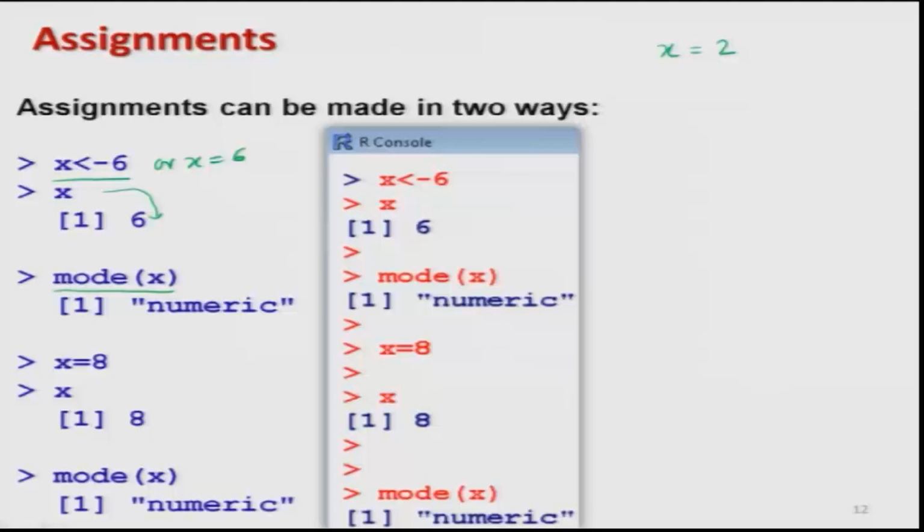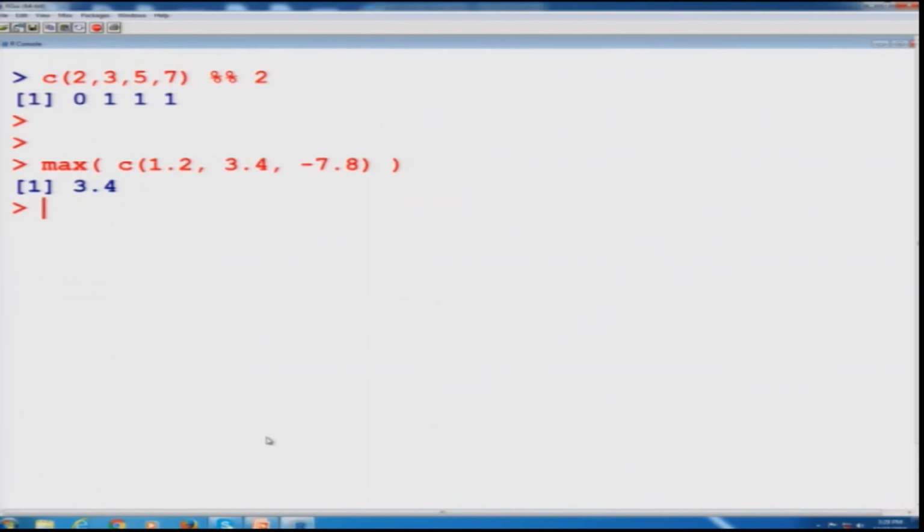As soon as you do mode of x, you will see the answer is numeric. For example, in R itself, if I write x = 6 and then press x, it gives me the value 6, and now if I write mode of x, this gives numeric. So, this indicates that x = 6 is a numerical value.